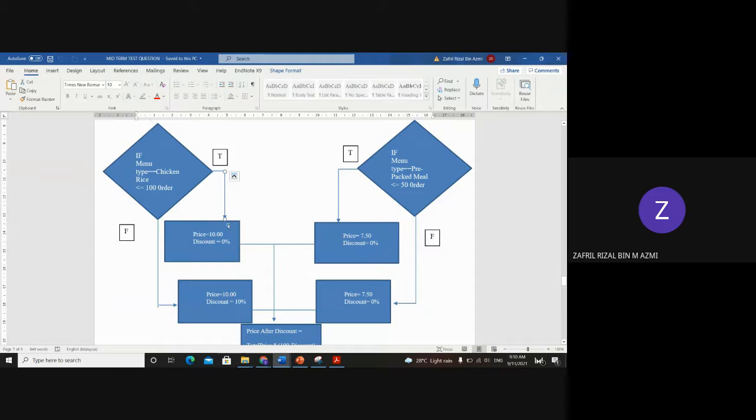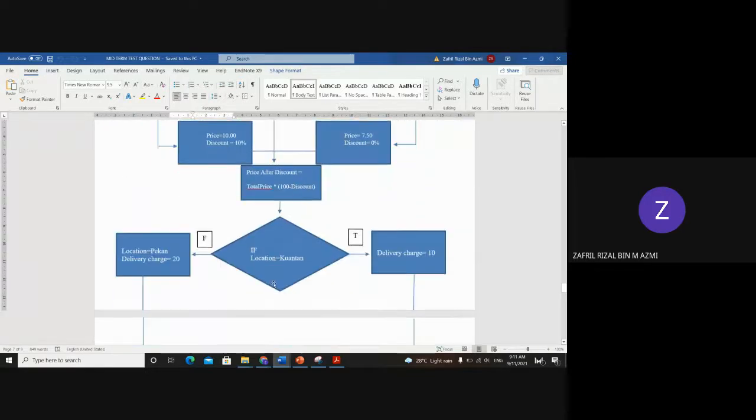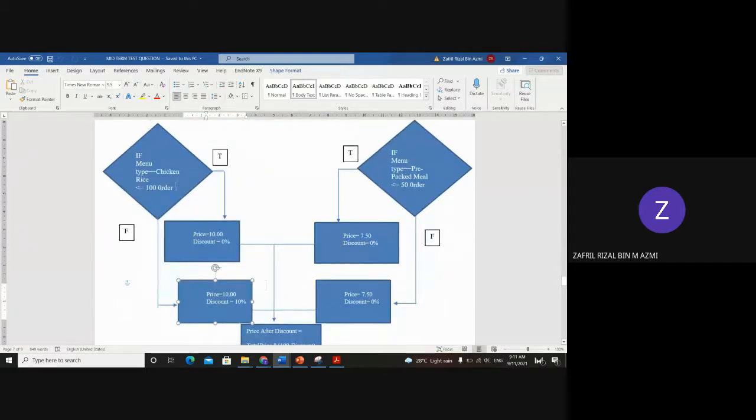If true, this one. If false, this is confusing. Where does this go? Okay, true, price discount. Okay, this is acceptable, but use the proper symbol.